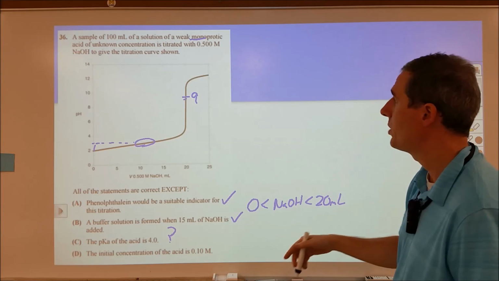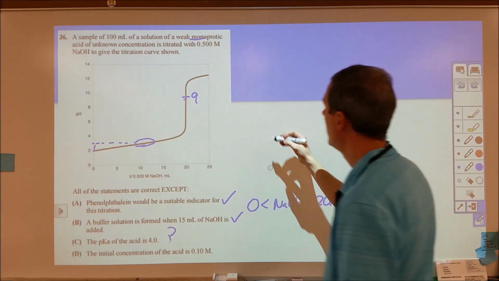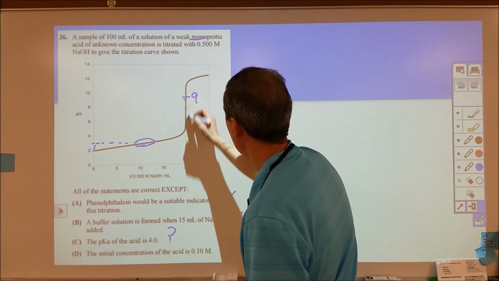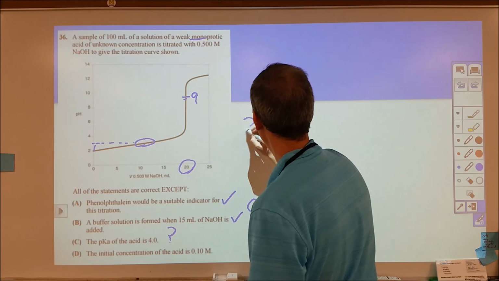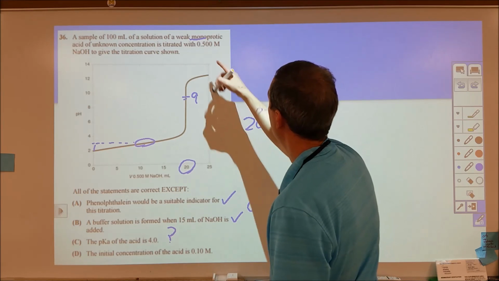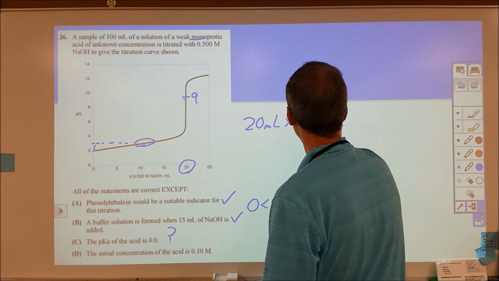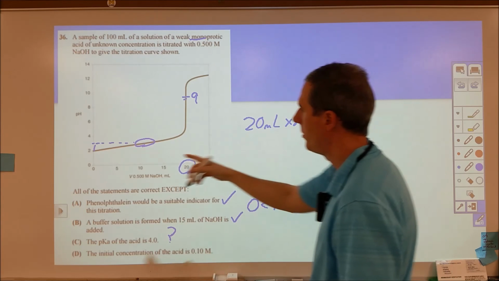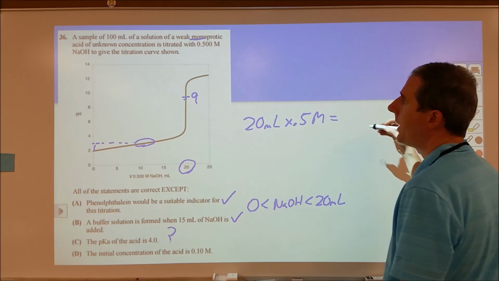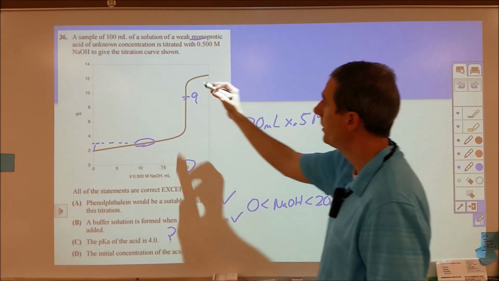So the initial concentration of the acid is 0.1 molar. So to do that figuring, we're going to go here. It takes 20 milliliters of base, which is 0.5 molar. And so that should be equal to the moles of the acid. In the acid, we have 100 milliliters to start with.